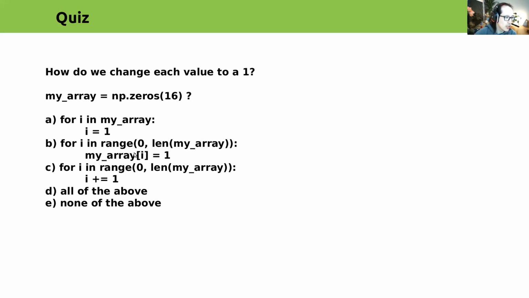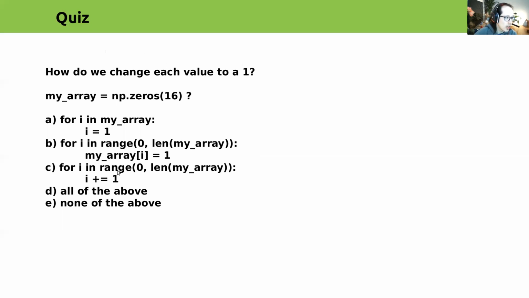And in each of those cases, we're taking whatever is stored there and setting it equal to 1. So this then would give us the correct answer here. If we want to change each value in this array from a 0 to a 1, this would be the way to do it.